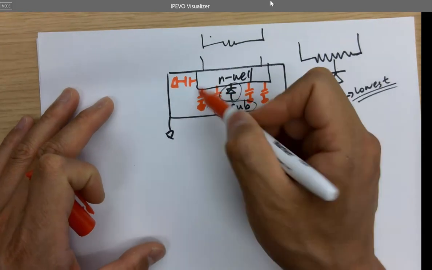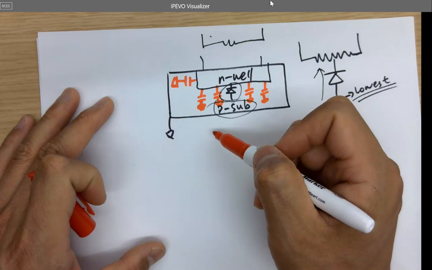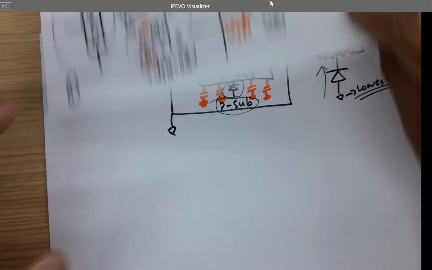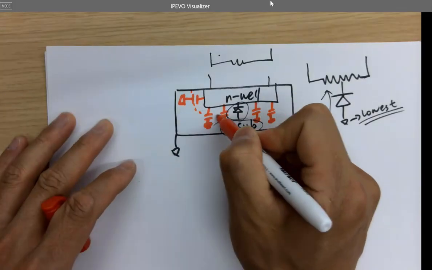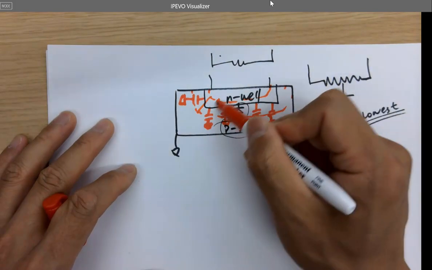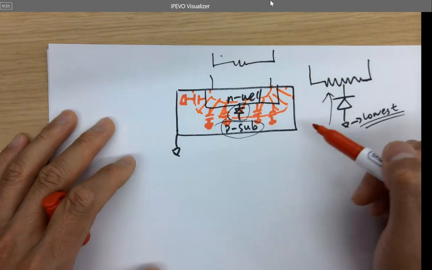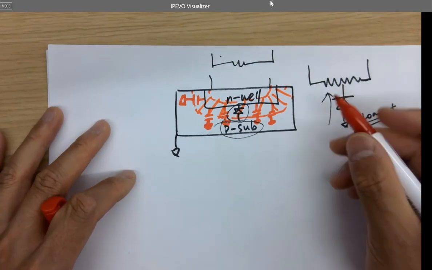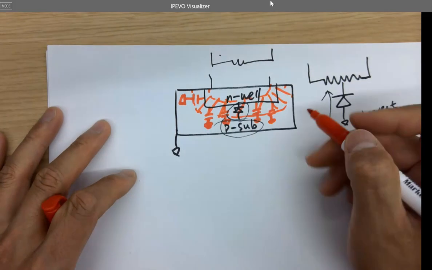So a PN junction is going to form what in the middle? A depletion region in the middle, like this. There will be a depletion region here, which is a capacitor. And the N-well is a resistor, at the caps.